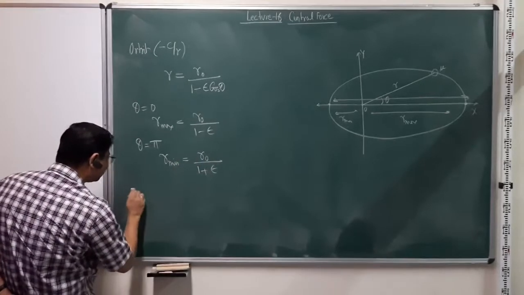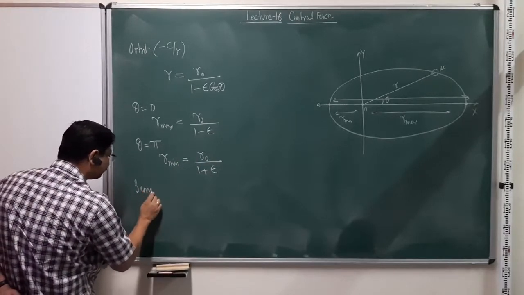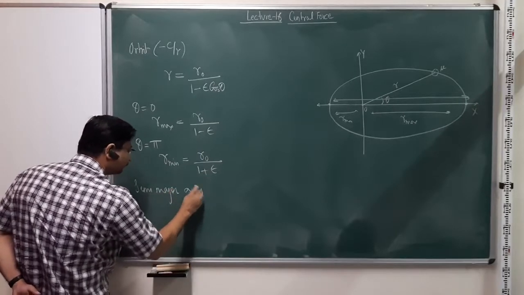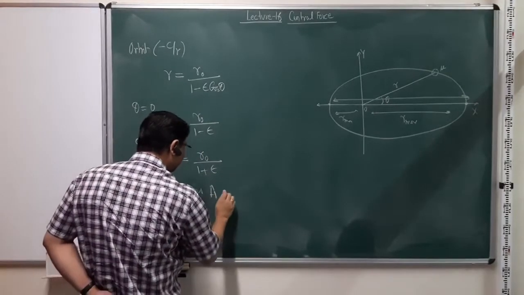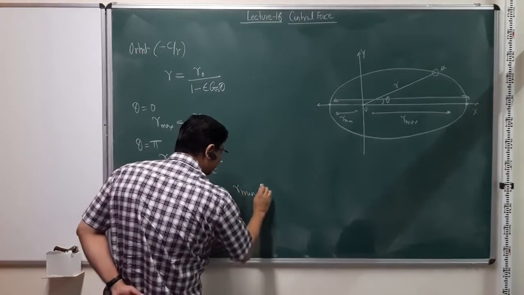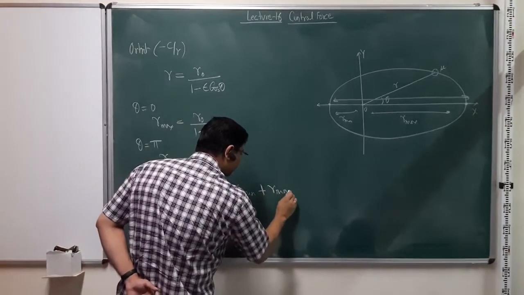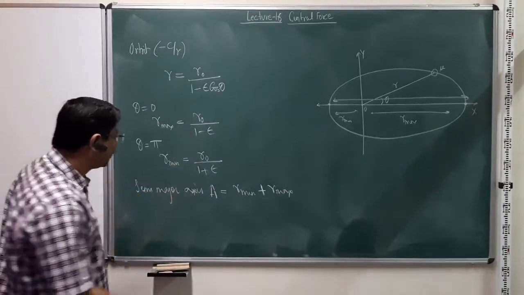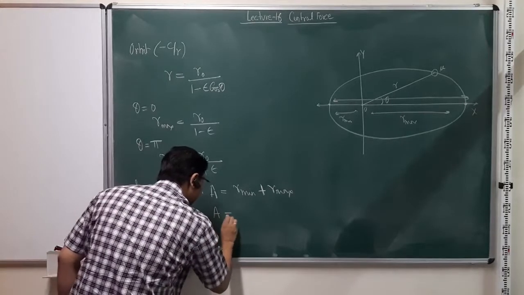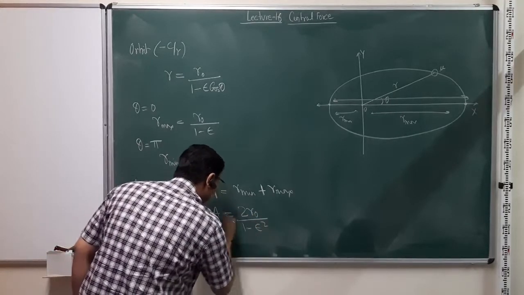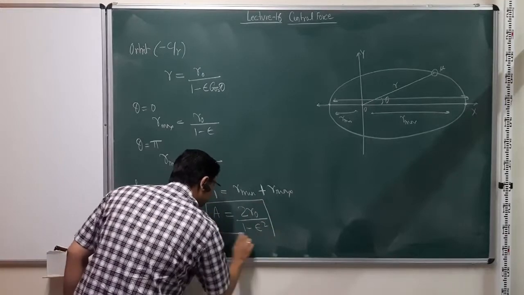It is also known as the semi-major axis. Let's write it down as A, which is described as r min plus r max, and now we can use this definition of r min and r max to define the semi-major axis as 2 r0 over 1 minus epsilon square.